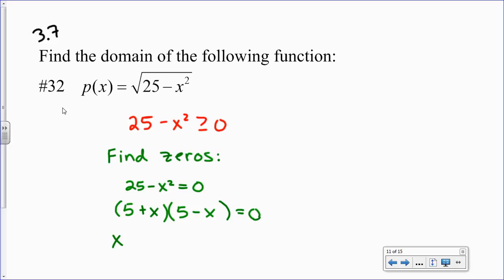All right, now when I want to find the zeros, so you could think about setting each part equal to 0, but it shouldn't be too hard, right? So what would x be to give me 0 here? Negative 5, and what about here? Positive 5. So you're still getting 5 and negative 5 as your answers.